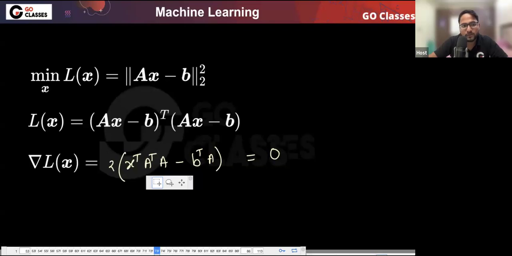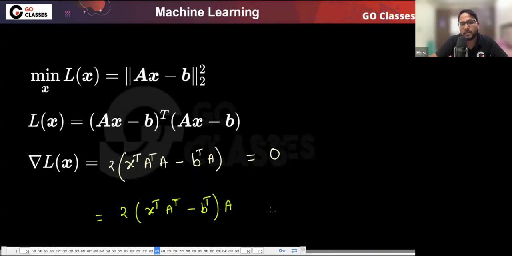So what will be the transpose of this? You can take 2 X transpose A transpose common, minus B transpose into A. The transpose of this will be A transpose into the transpose of this, isn't it? The transpose of this will be AX minus B. Is this fine to everyone?